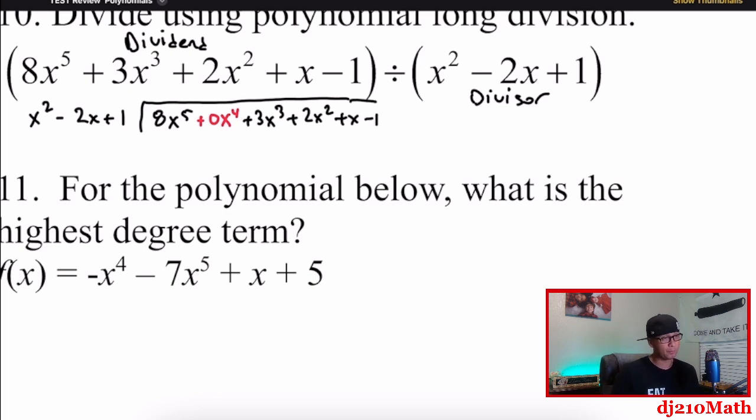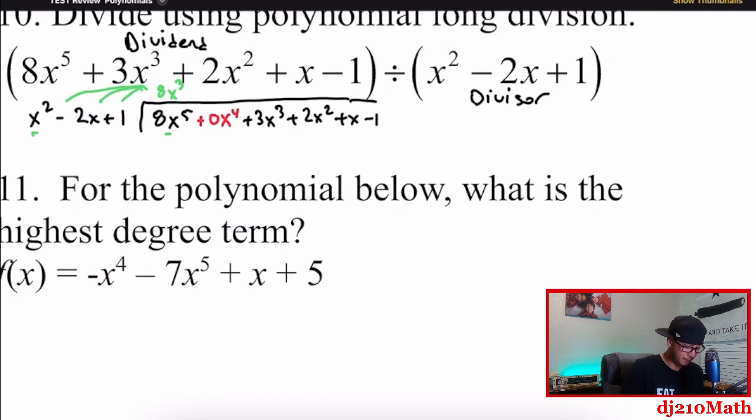Okay, we start going through our long division. I look at the first terms only. What times x squared gives me 8x to the 5th? That's going to be 8x to the 4th. No, that's going to be 8x cubed, because when you multiply, you have to add the exponents. 3 plus 2 is 5. Now I have to distribute this 8x cubed to all 3 of these things over here.